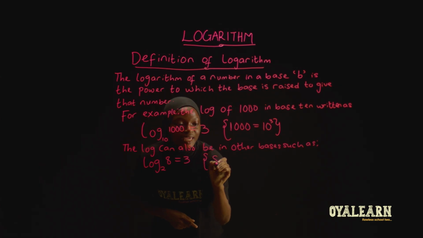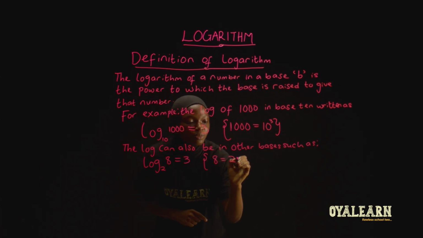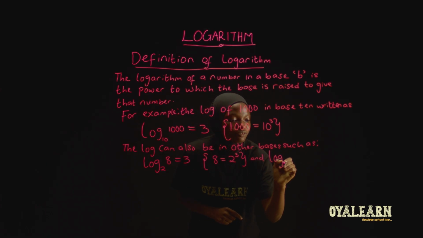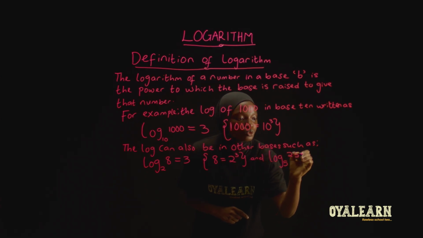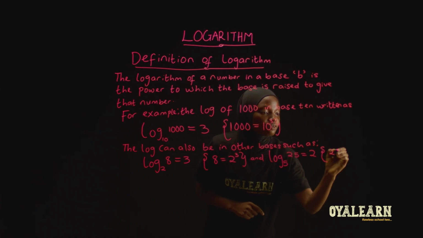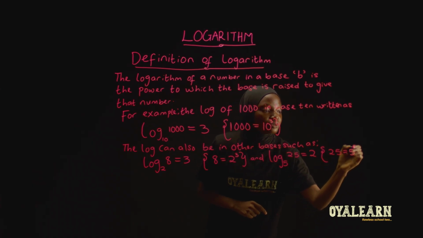Why? Because 8 equals the base 2 raised to the power of 3. Also, logarithm to base 5 of 25 would be equal to 2, because 25 equals 5 raised to the power of 2.